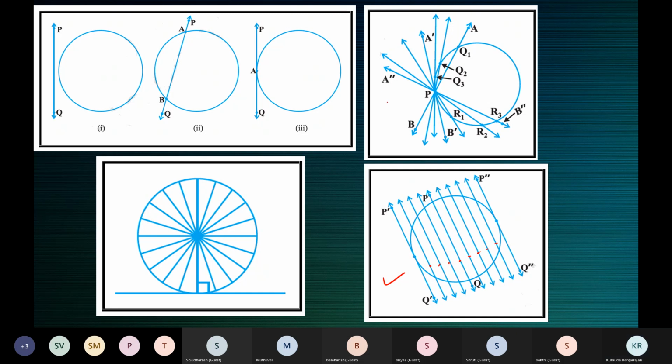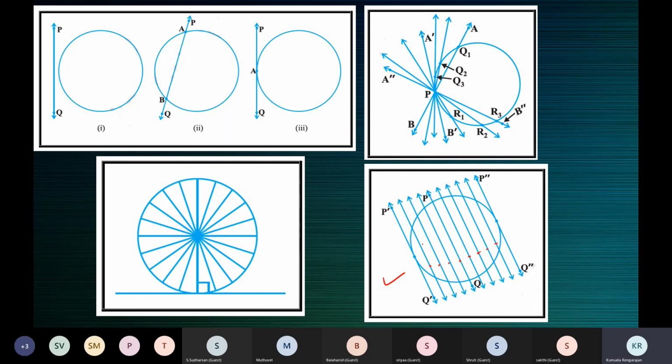Now, you can draw many lines parallel to this tangent P dash Q dash. And can you see this P double dash Q double dash? That is the tangent.